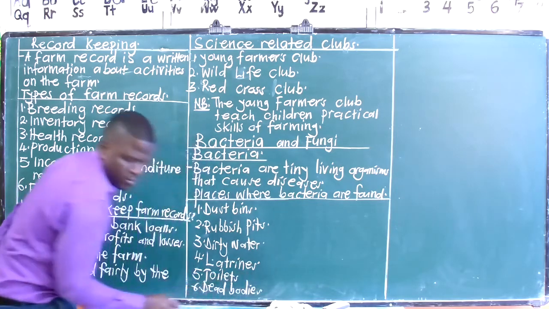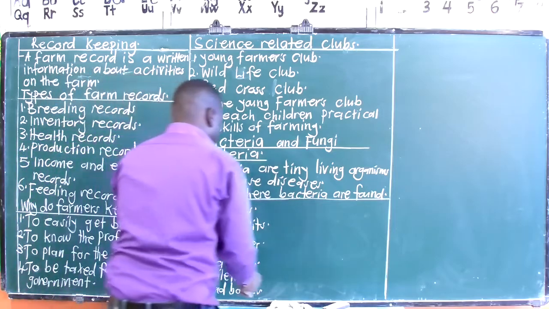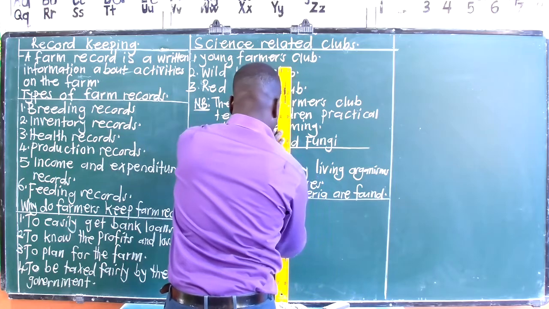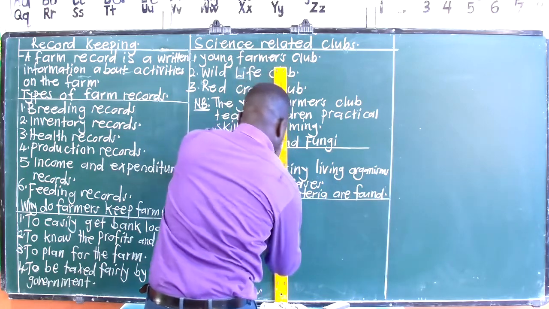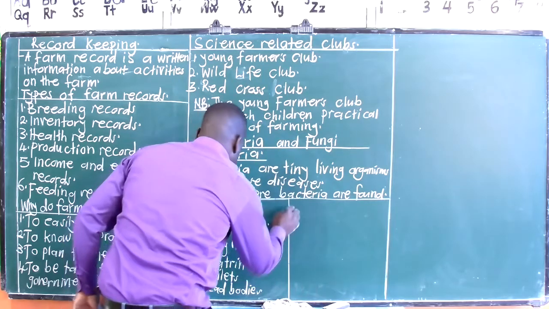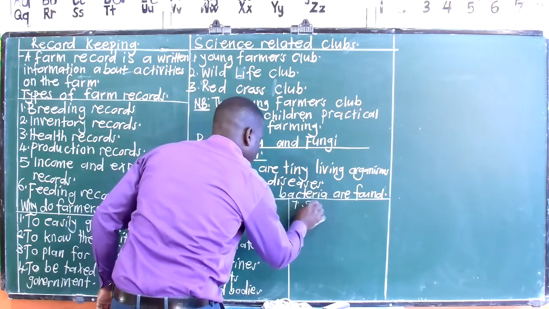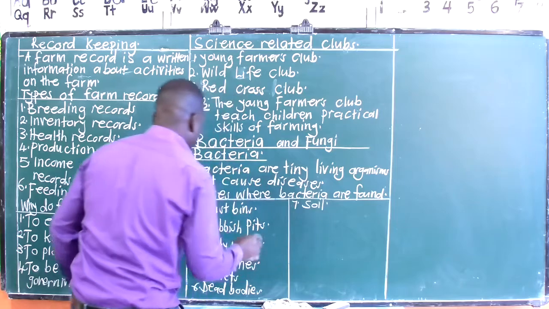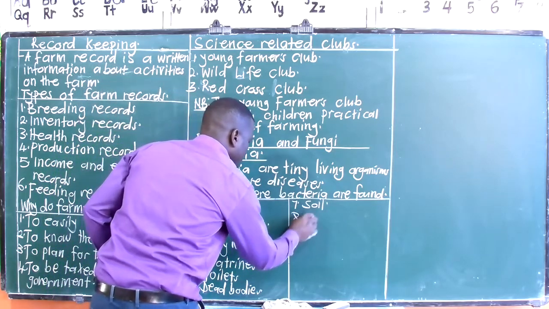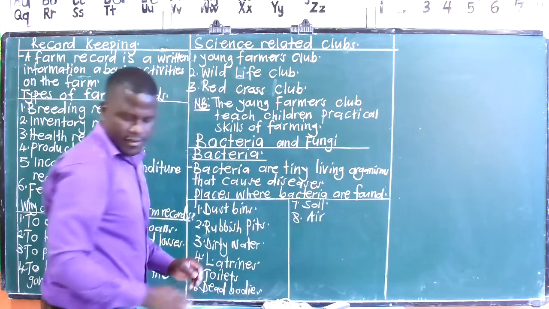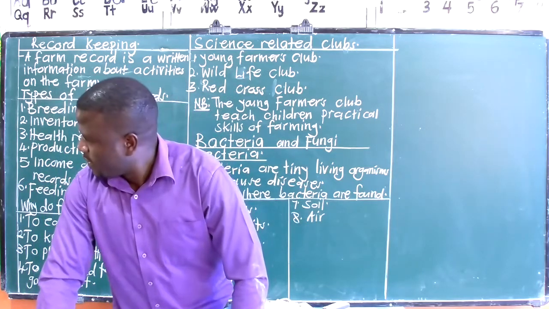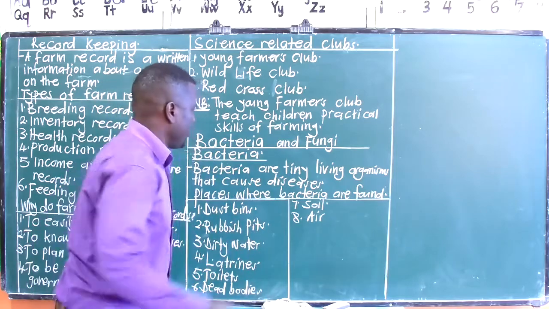You can also find bacteria in the soil. In air. You can also find bacteria in air, and so on. Then contaminated food.